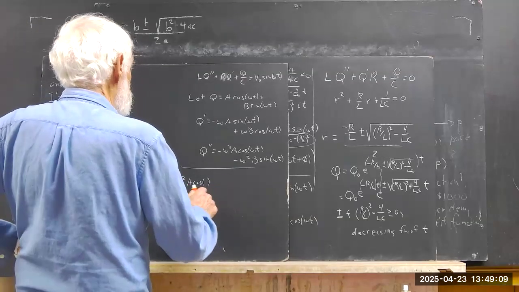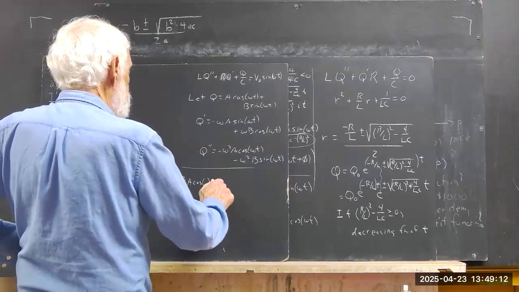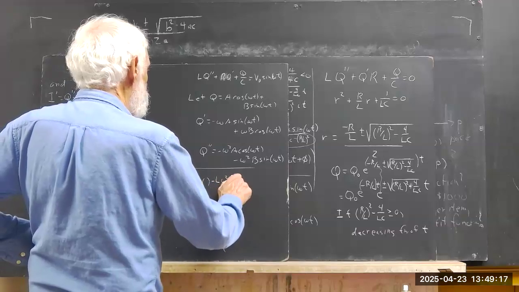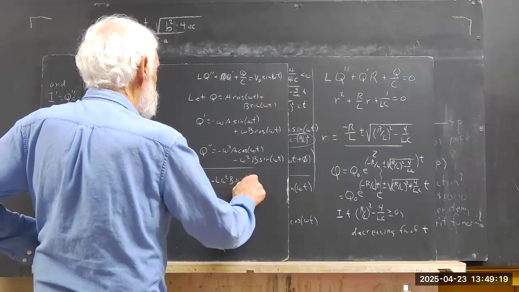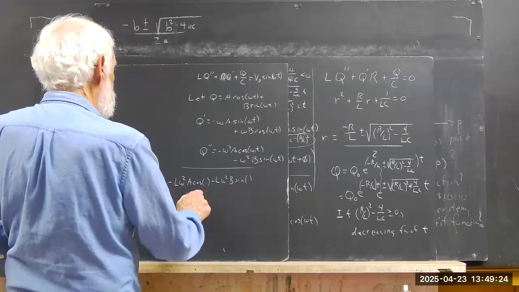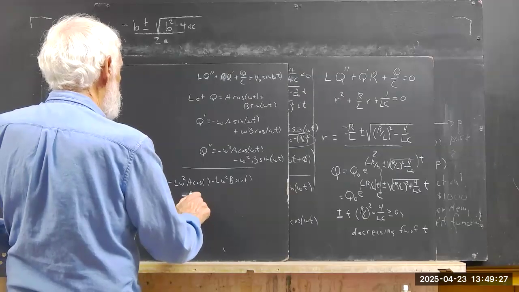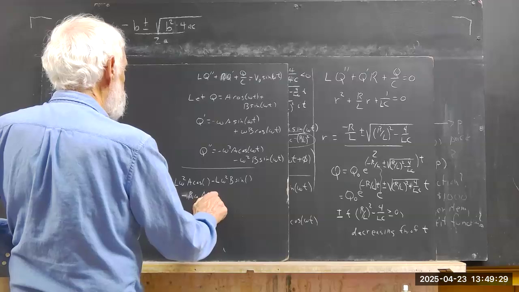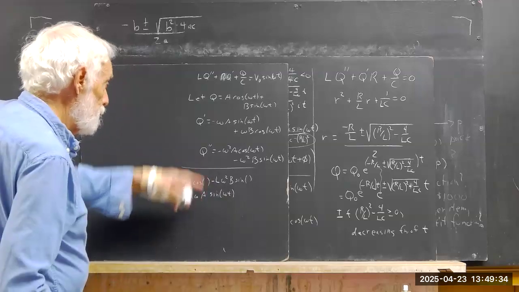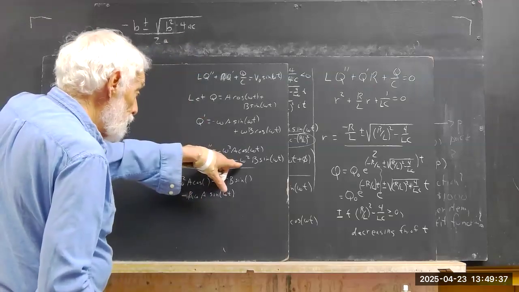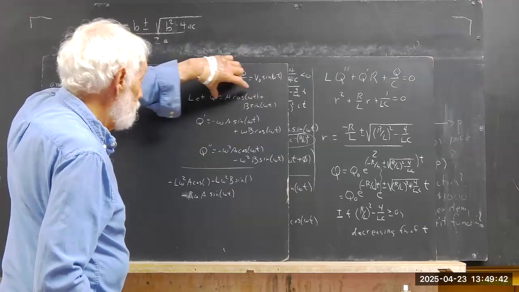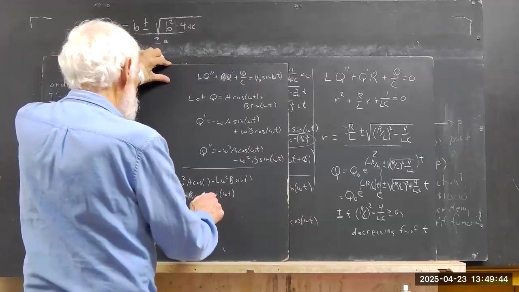So you've got negative L omega squared A cosine of omega t, minus L omega squared B sine of omega t, and then plus minus R omega A sine of omega t. And all I'm doing is putting L in front of this and R in front of this, and I'm going to divide this by C in a minute.